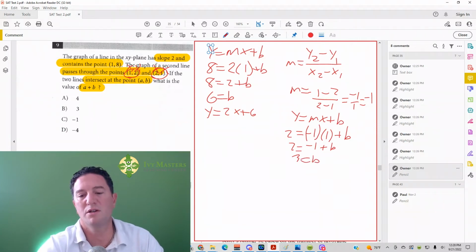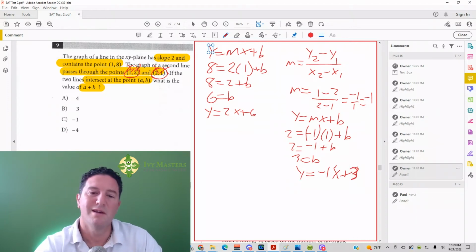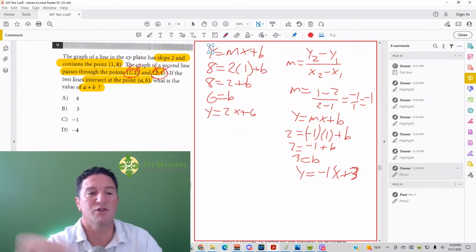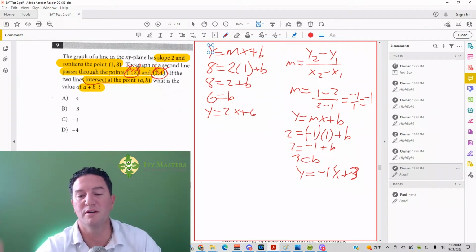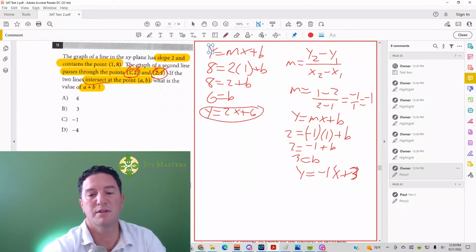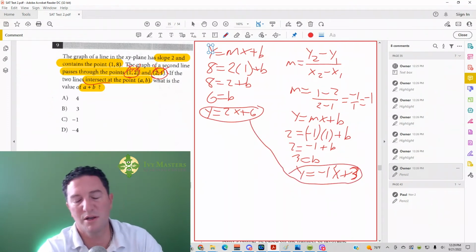So what's the equation of that line? It's y equals the slope you found before, negative 1x, or you could just put negative x plus 3. Okay, now you're ready to do your system of equations. Whenever you see the word intersect, leave yourself a note there to do a system. Since y equals 2x plus 6 and y equals negative x plus 3, you can either substitute or eliminate.